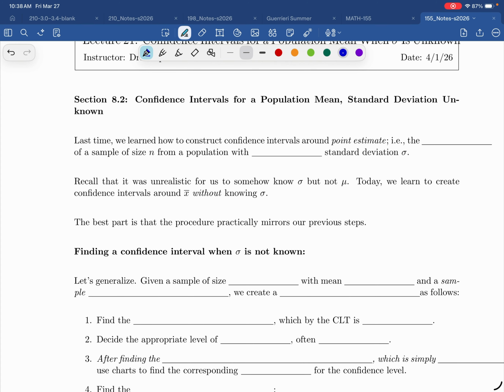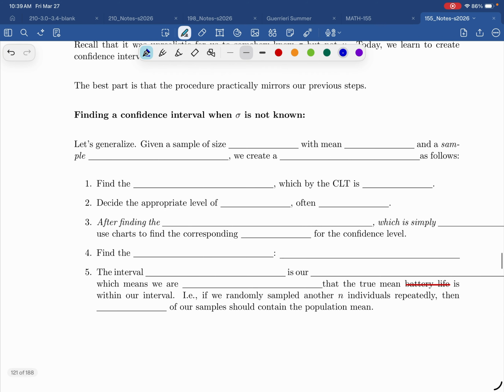Remember that our intervals are centered around the point estimate, which is the mean of a sample. Of a sample of size n from a population with, now remember before we knew sigma, here we don't know sigma.